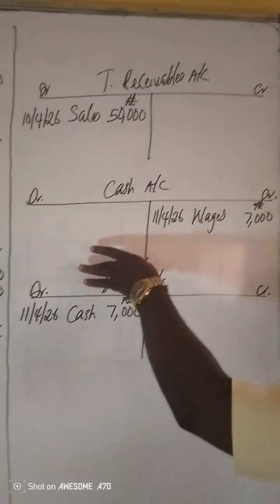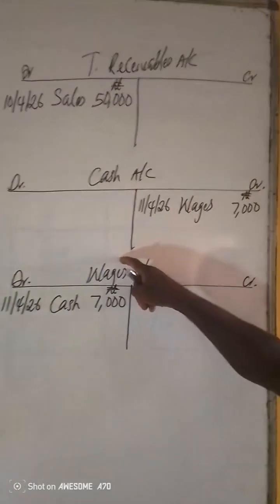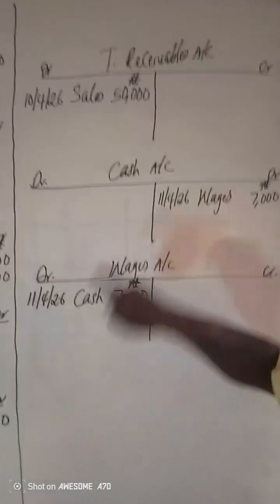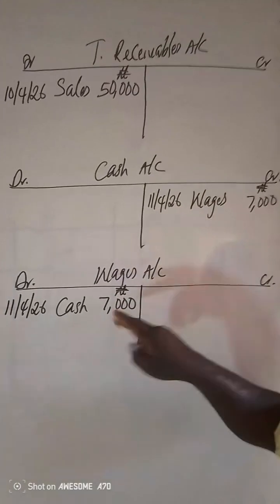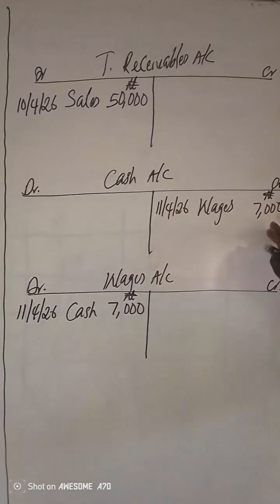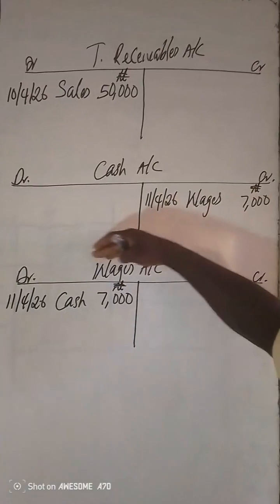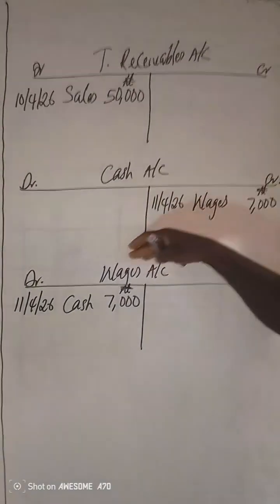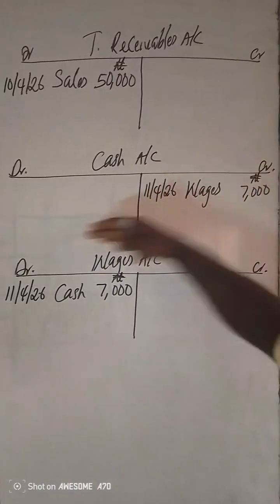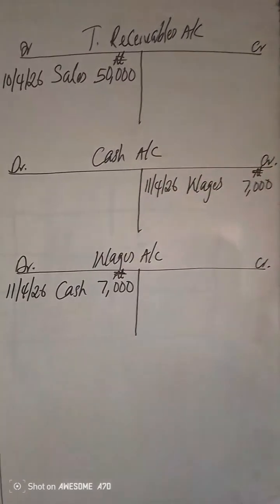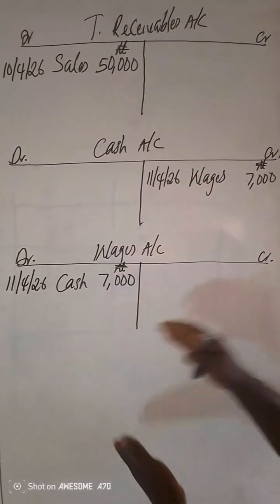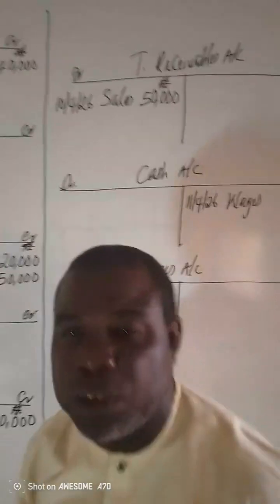Now open the wages account and I say wages is receiving from cash 7,000. The wages is debited. This is the giver account credited, and this is the receiver account debited. In place of any services received, be it insurance, salary, printing, transport costs, telephone, and all those services, please debit them because they are receivers.